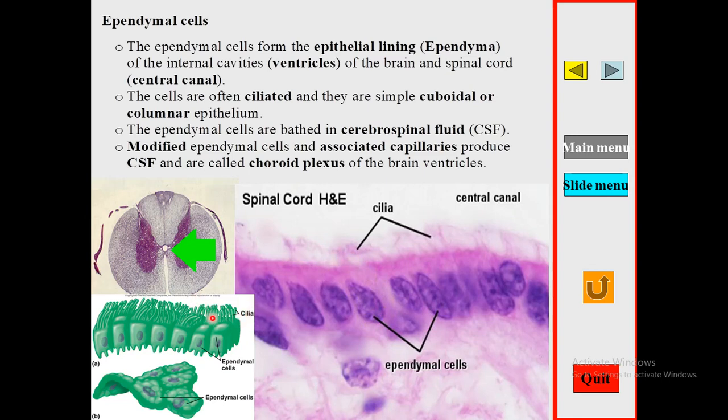They are ciliated epithelial cells. They participate in producing the cerebrospinal fluid with capillaries, and those are called the choroid plexus, and usually they are bathed with the cerebrospinal fluid, which is of their production.